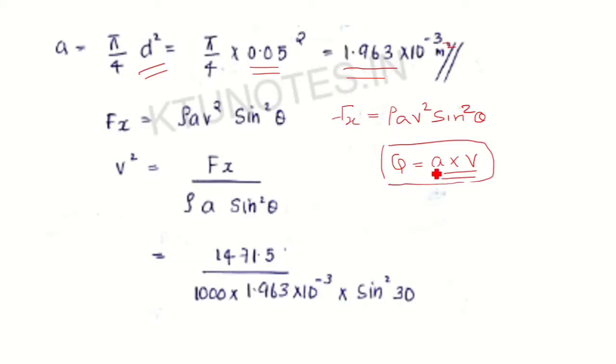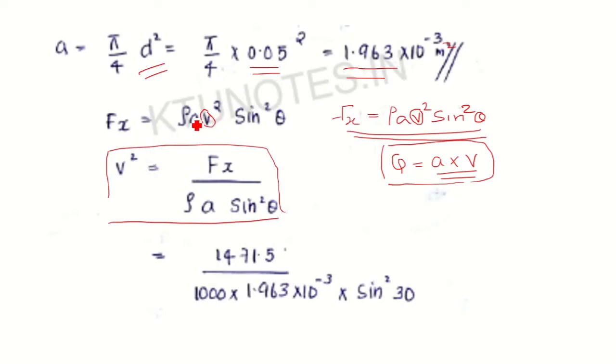In order to find the rate of flow, we need the value of A, which is already there, and we need to calculate the value of v. From the equation F of x is equal to rho a v square sine square theta, we can find the value of v. So v square is equal to F of x on the left side divided by all other terms, which come in the denominator: rho a into sine square theta.